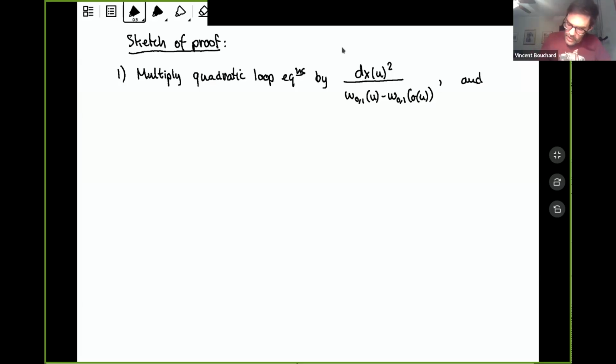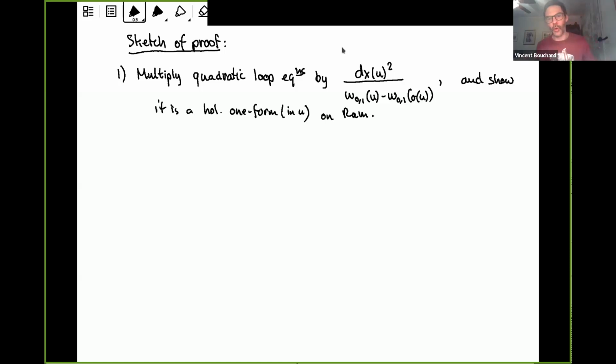And what you want to show is that this is a holomorphic one form in u at the ramification point. Okay, this is just pole counting.